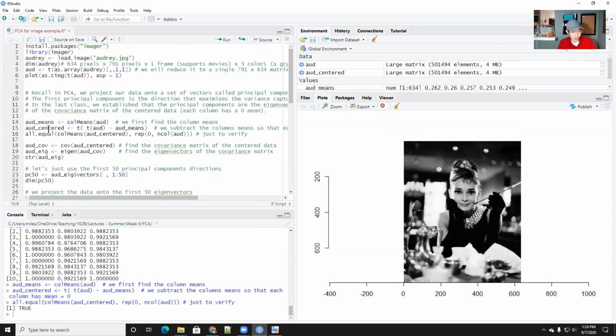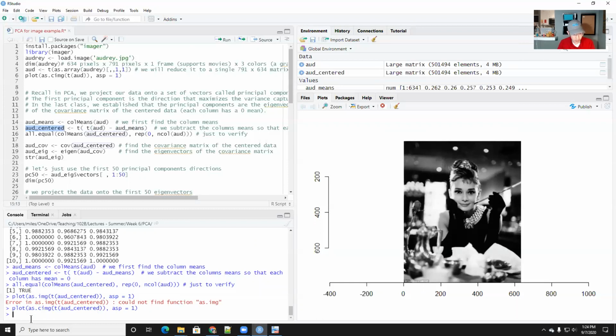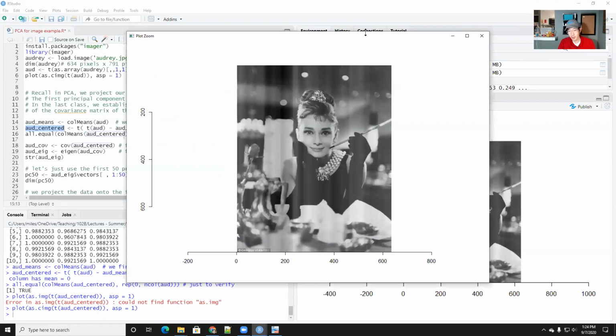And so if I plot this as an image, what we end up getting is this image that looks kind of streaky, all right?